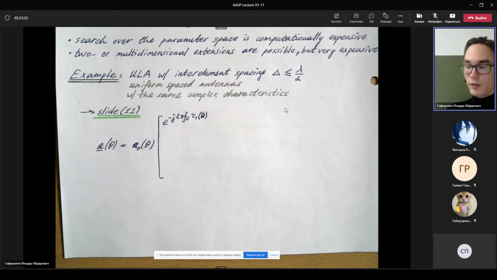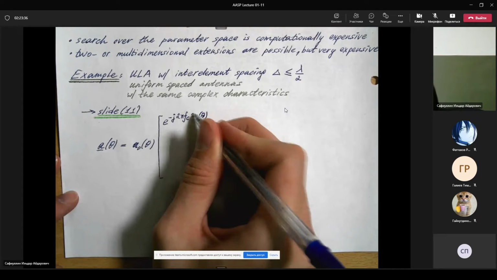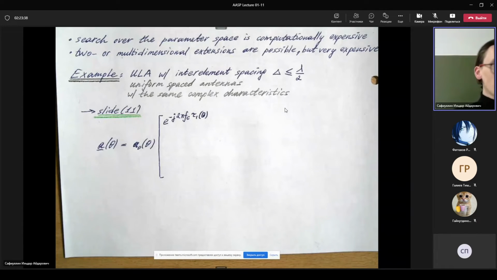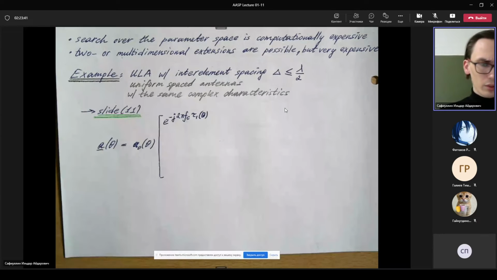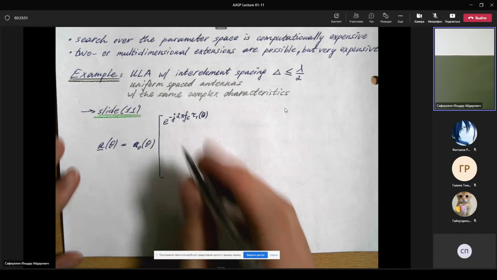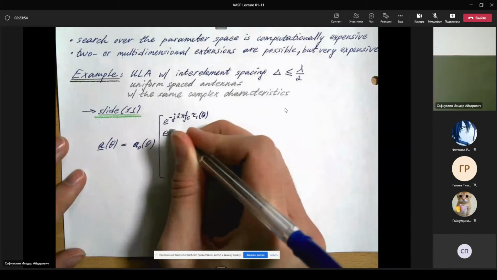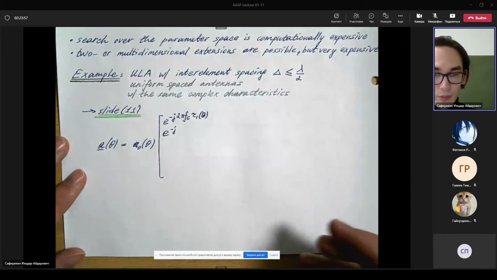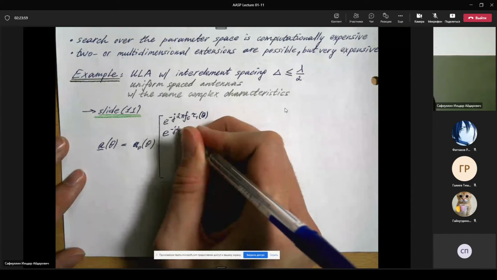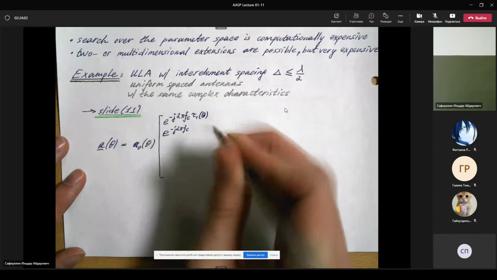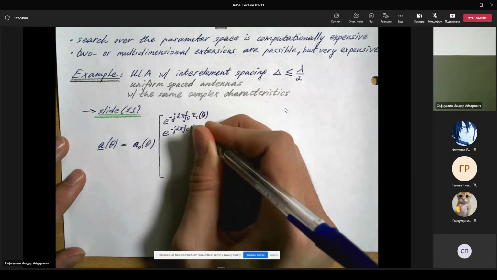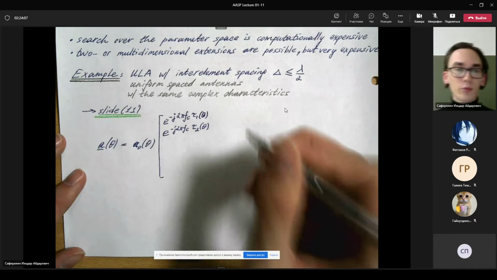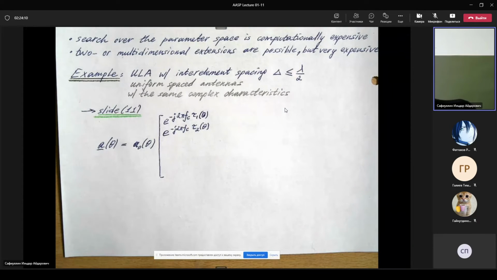Where the time delay is, how to say it before, let me check, the propagation time across the array. Yes. In the same way, we can show that we have e to the power of minus j 2 pi fc tau2 of theta.